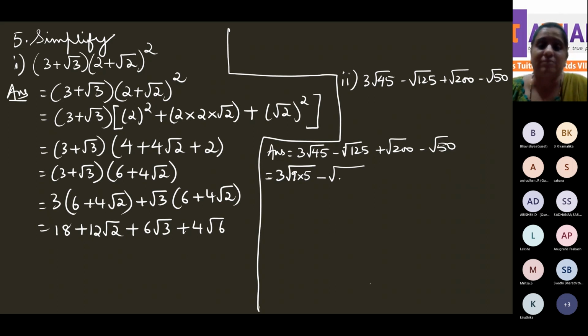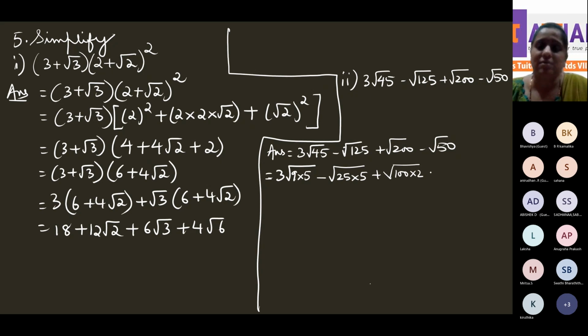25 fives are 125. 25 is a perfect square. Plus 200 is 100 into 2, and minus 50 is 25 into 2.